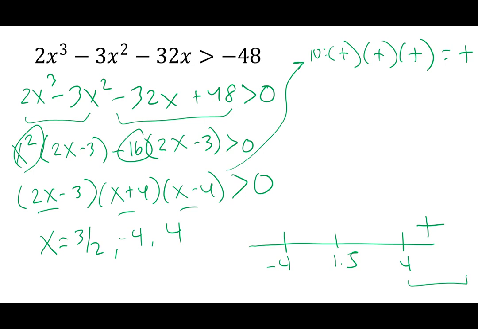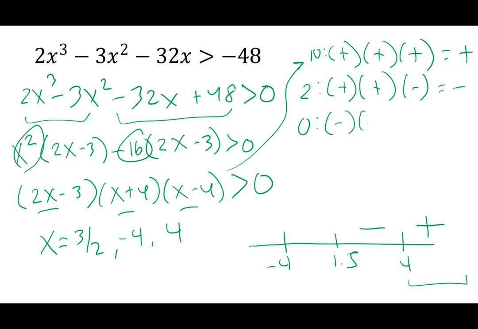Something between 1.5 and 4, I'm going to choose 2. If I choose 2, I'm going to get a 4 minus 3, which is a positive, times a positive, times a negative. That is going to give me a negative. So negative here. If I choose something between negative 4 and 3 halves, I'm going to pick 0. Always try to pick 0 where possible.